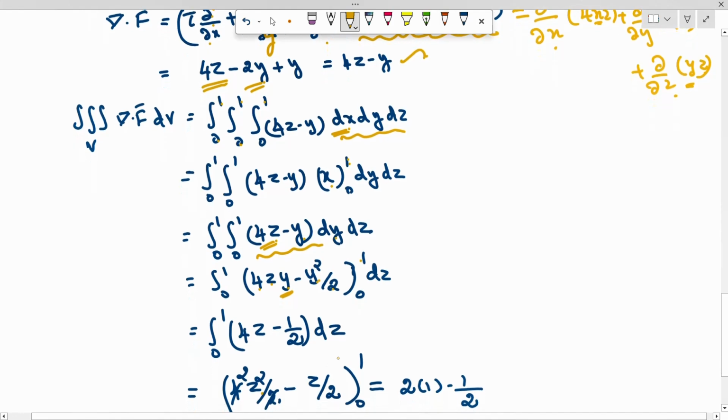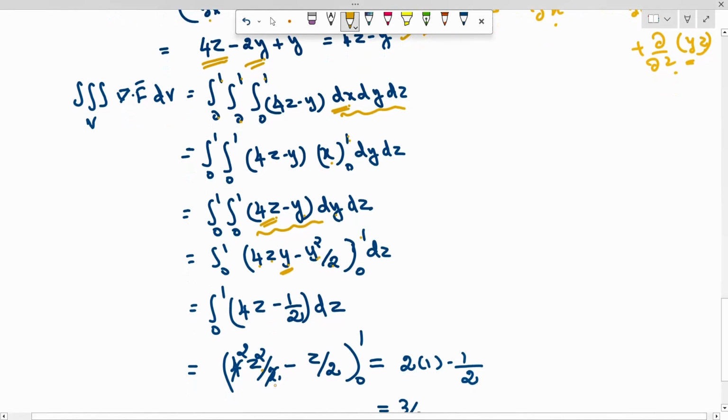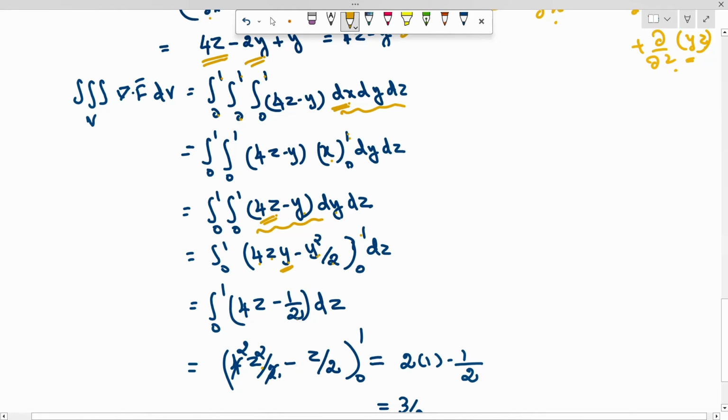Now finally integrate with respect to z. Integrate with respect to z means first term is 4z. We are integrating with respect to z here. 4 into z square by 2 minus 1 by 2, which means z by 2, with the limit 0 to 1. Here we can remove this 2, we'll get 2 times of 2 into 2, 4, we'll get 2z square here. 2z square minus z by 2 will come, and then apply upper limit value 1 here.